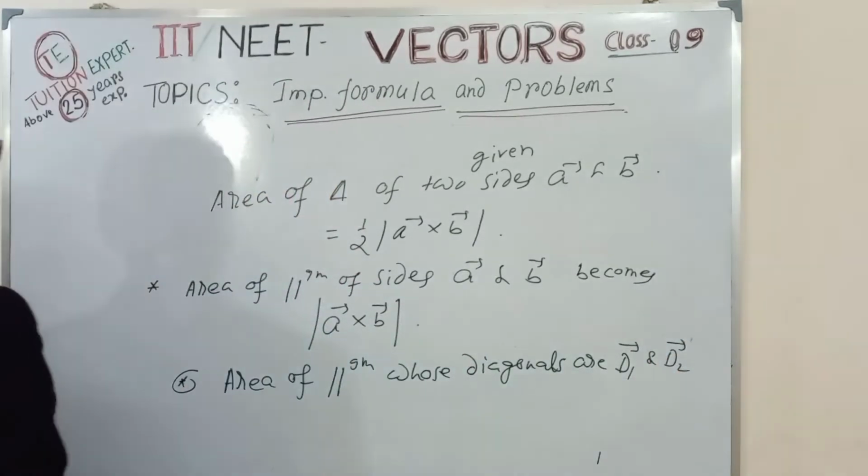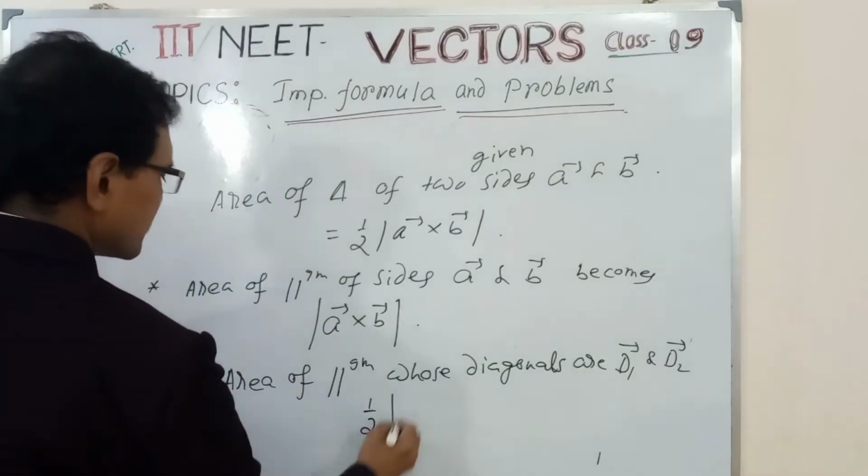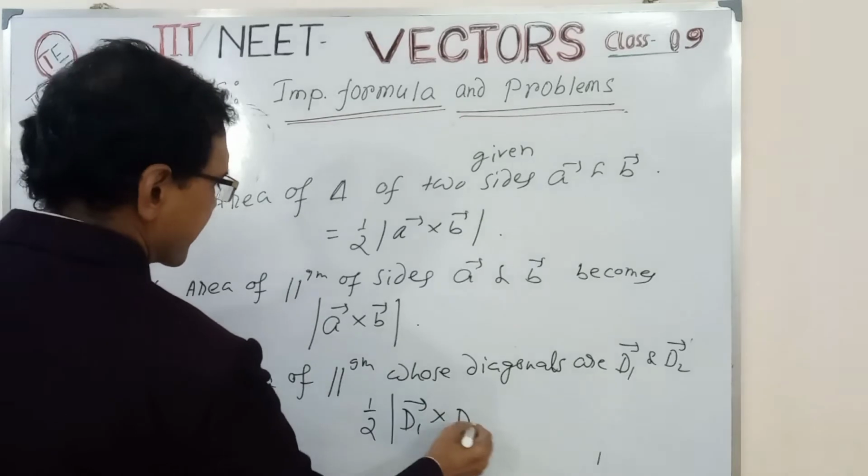Suppose two diagonals are given. Area of parallelogram will be this.